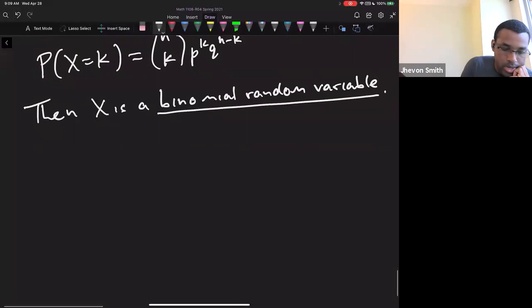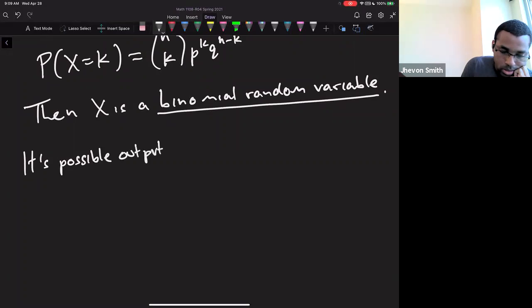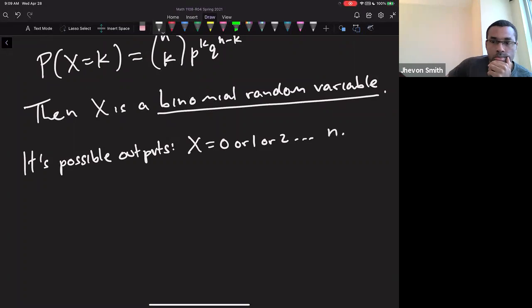Right? And its possible outputs would be anything from 0 up to N going by integers. Right? So that's what a random variable is. And I'm pretty much not going to say anything other than that.